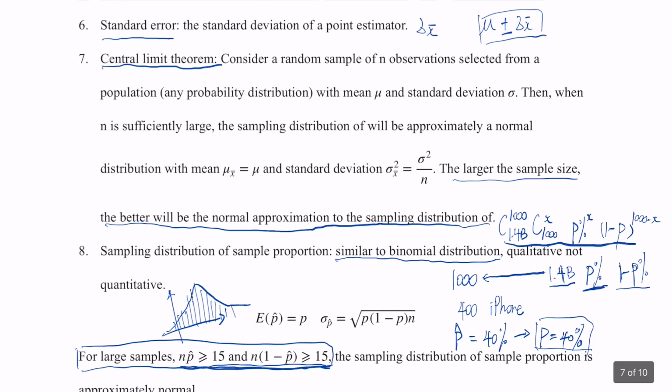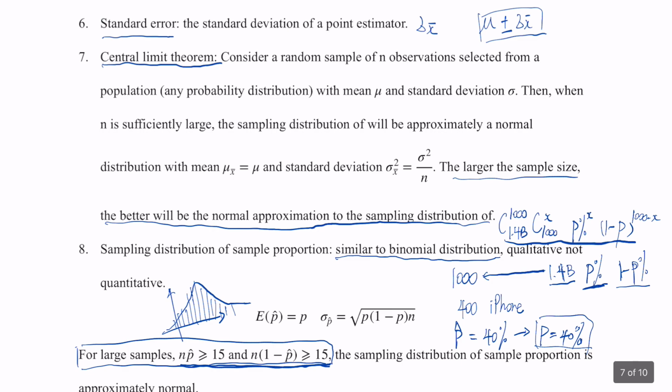So that's it about sampling distribution. You just remember that it is a distribution of samples. It is a distribution of all the samples you can get from a population. And the larger the sample you get, the better the approximation you will get to the normal distribution.